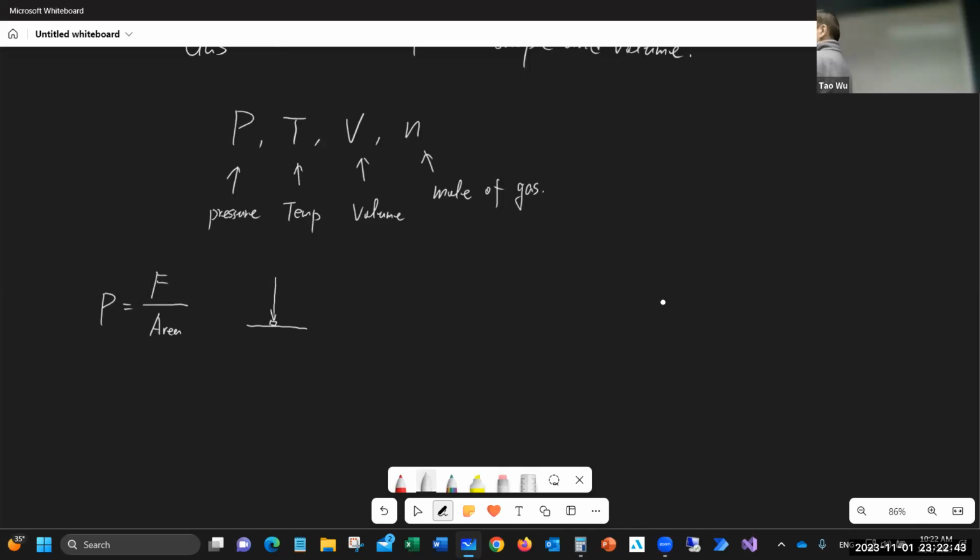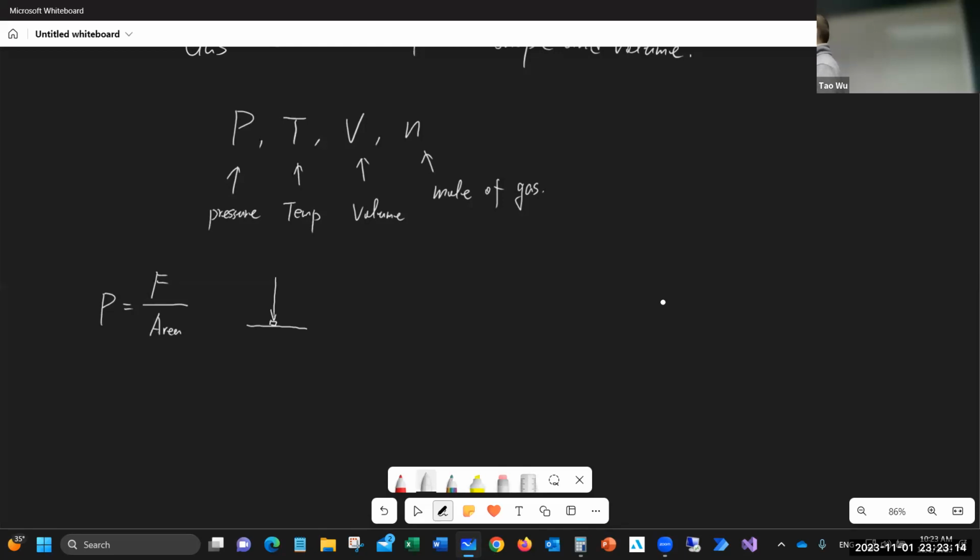And remember, we have tons of gas molecules, so the gas molecules keep continuously hitting the board. That's why the pressure is generated. And we have 1 atmosphere of pressure applied on our shoulder, because the gas molecules keep continuously hitting our body.